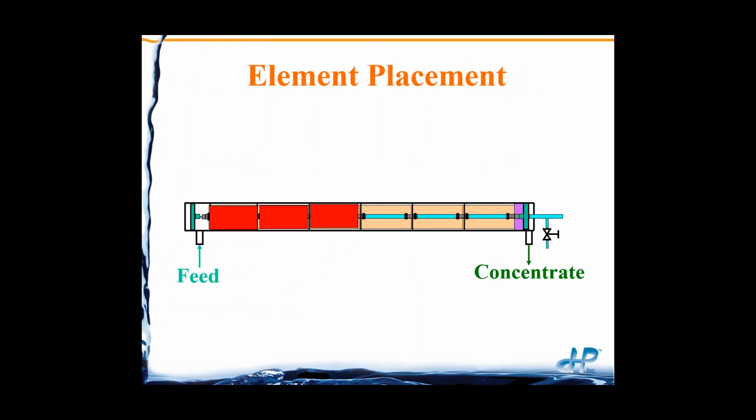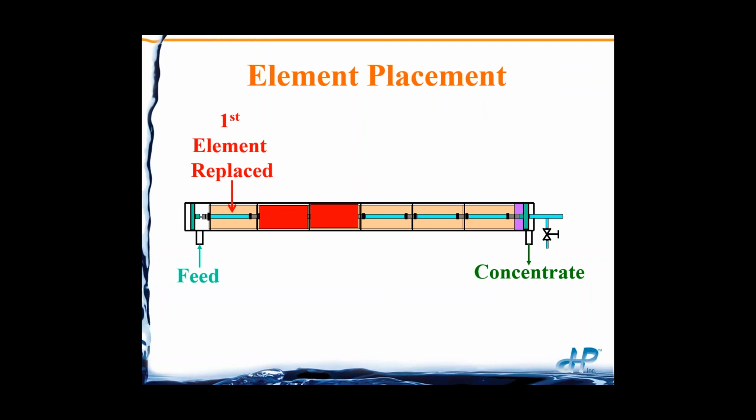So if you were just to make the decision, okay, we don't have enough money to replace all of them, we don't really know how many are that bad, and you put a new element in the first position, that would be the kiss of death, because the water flux rate on that first element, because of the back pressure of the two dirty or fouled elements behind it, would make the water flux rate so high on that first element that it would be back to what it was before you replaced that element in just a few weeks. So not a good idea.